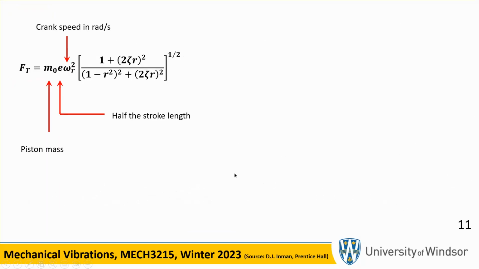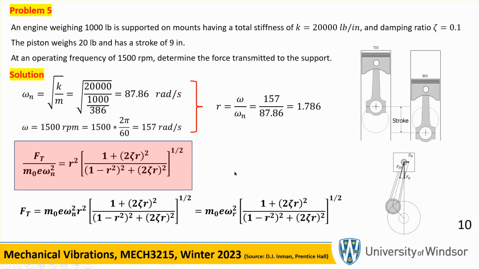Now, I want to go back here and point out something. Although it is not strictly correct, what's happening is that it's pretending that the unbalanced mass, which is the mass of the piston, is all put at this location, at the distance of half the stroke length from the center of rotation.